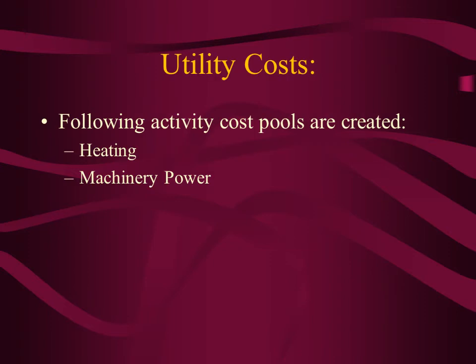Now let's examine the utility cost, and there are two cost pools created for utility cost. The first cost pool is heating and the second cost pool is machinery power.